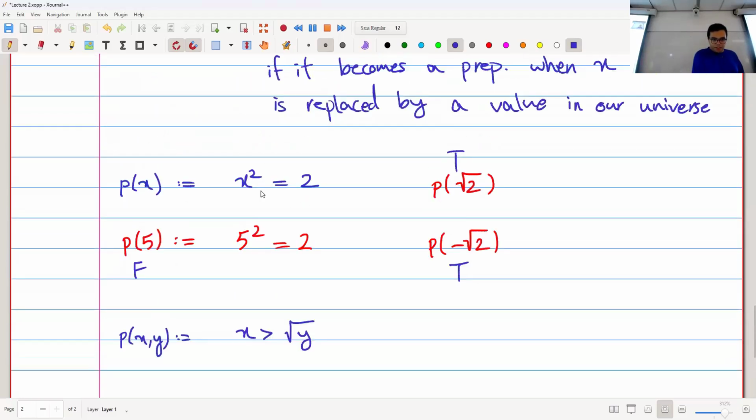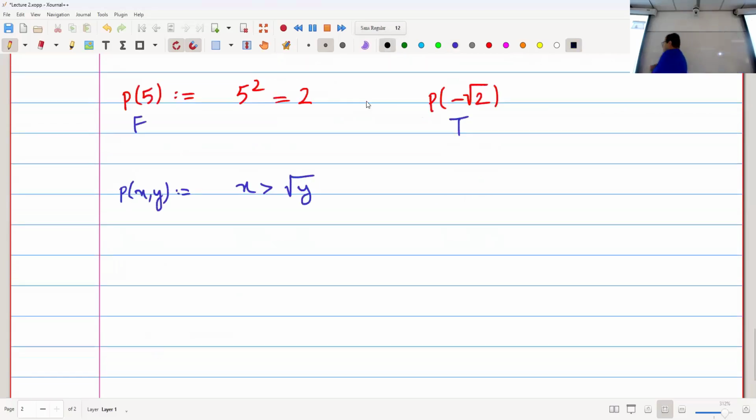Okay. So based on this, we now want to define some new operators in our logic. We want to be able to do new things, and these are what we call quantifiers. The first quantifier is the universal quantifier.